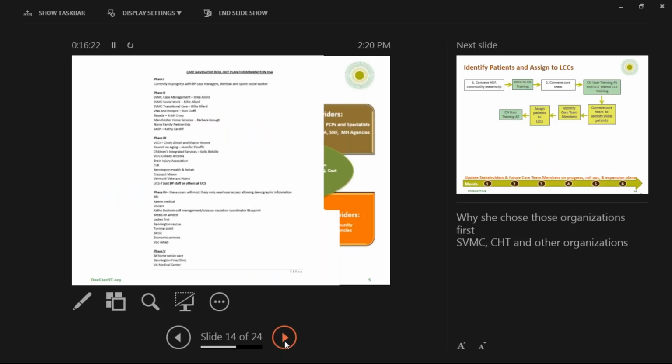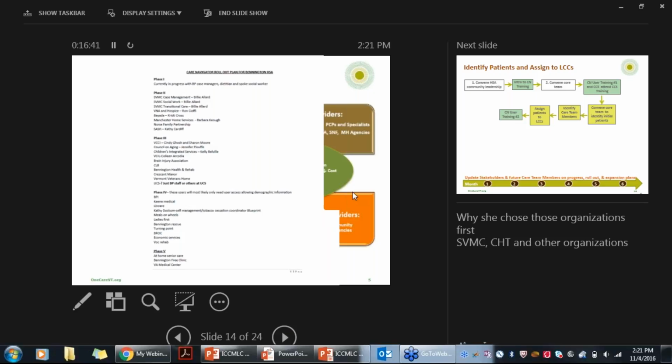That's a little hard to read, but phase one is that they really wanted the Blueprint case managers to learn the system, as well as the dietitian and the social worker. We've been working closely with that team on the system, having all of them learn the system, and they've actually been doing some beta testing for us. Because we're working really closely with that core group of people, we've been able to identify some changes that we needed to make within the system.